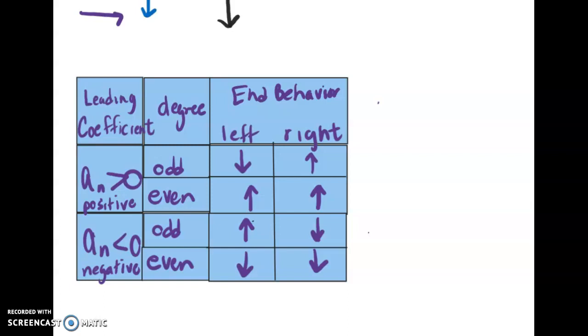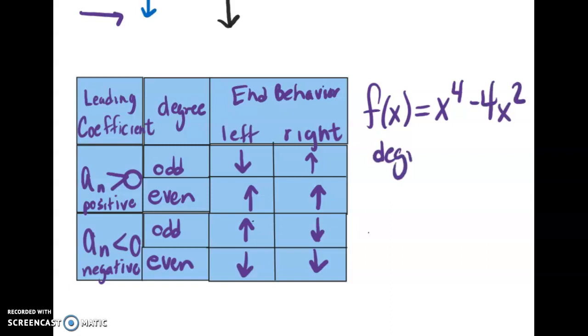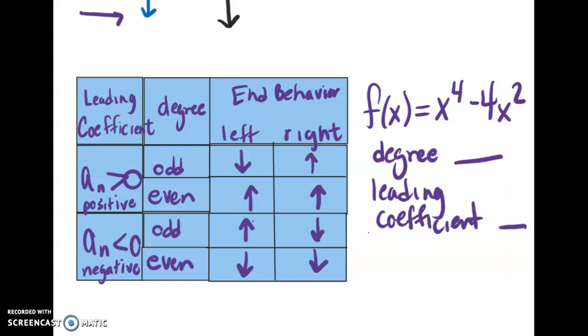What if it says we have this polynomial function? First, you want to decide what is your degree and what is your leading coefficient. The degree here is 4. The highest exponent is 4. What is the leading coefficient?